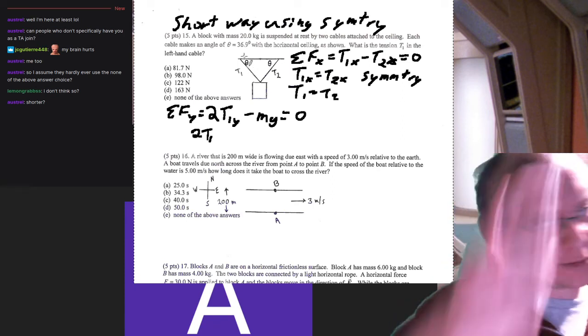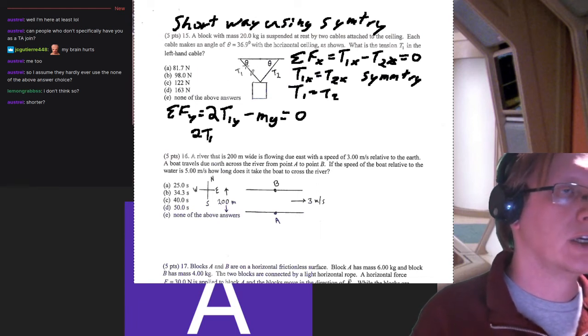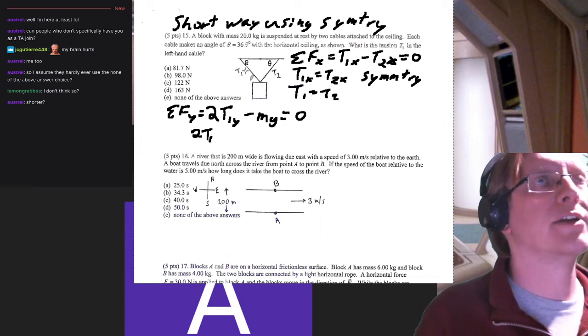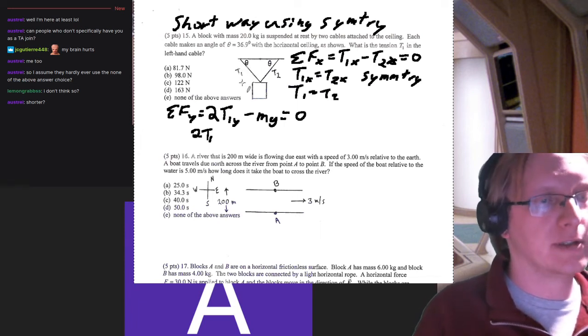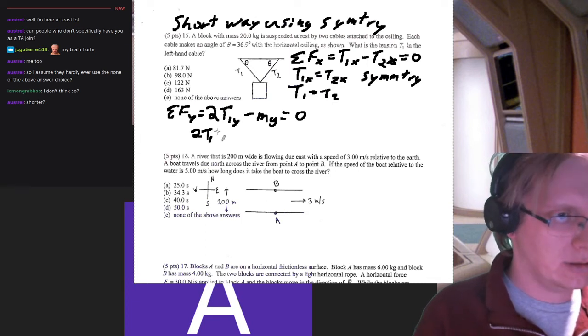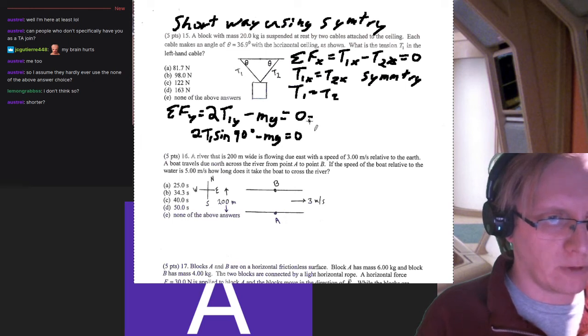Is that sine or cosine? If theta were 90 degrees, then all the T would be pulling straight up. So I want the trig function which turns 1 when you put 90 into it, which is the sine, right? Yes. 2T1 sine of theta minus mg equals 0.